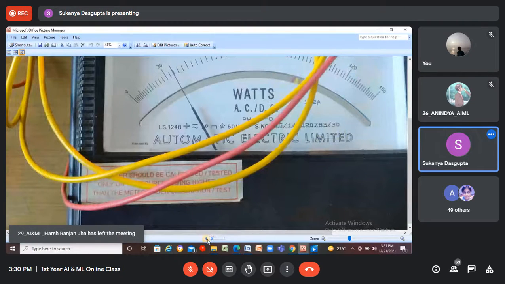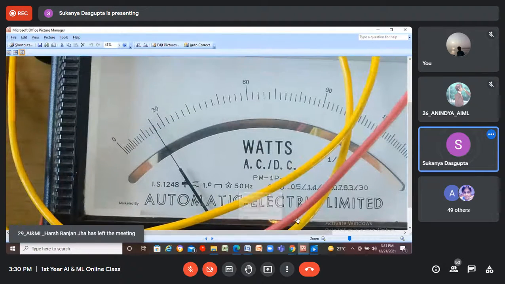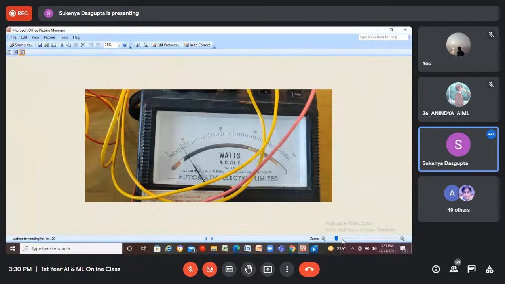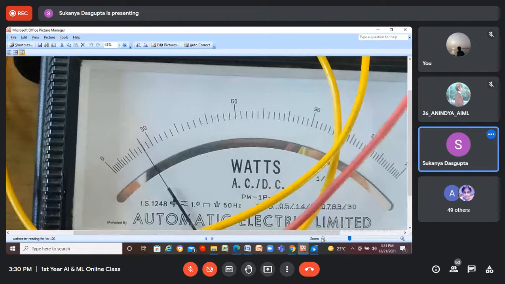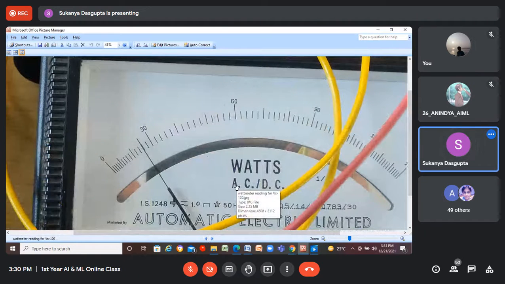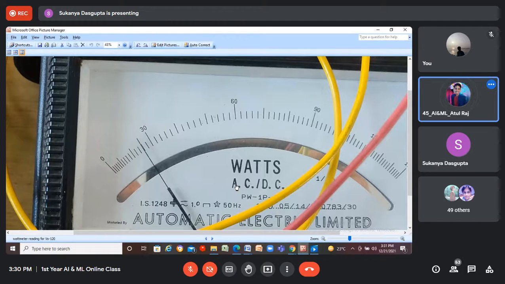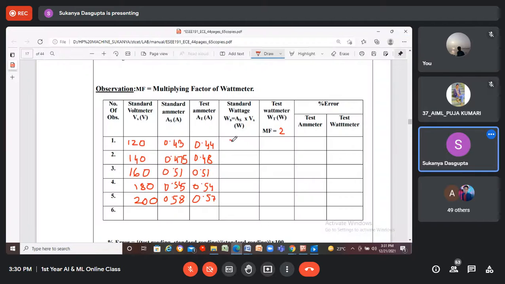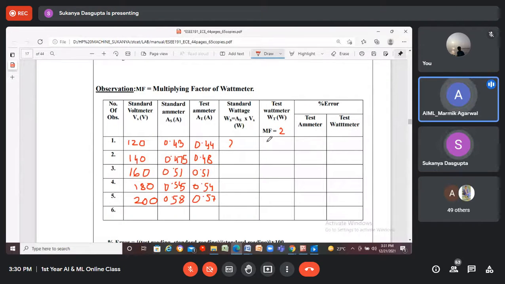Now, wattmeter readings. Ma'am, this was the first one, first reading. 26. Ma'am, will this be standard or test? Test one. 26 into 2.